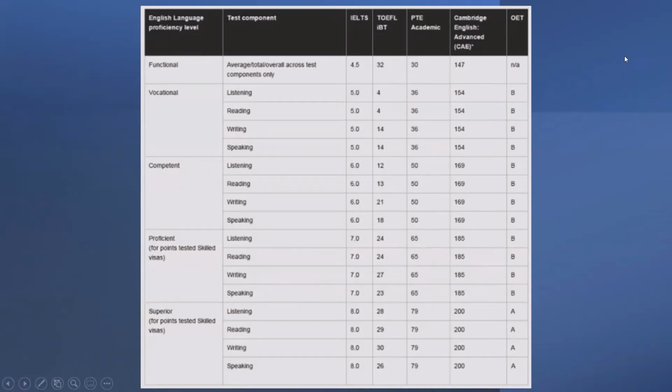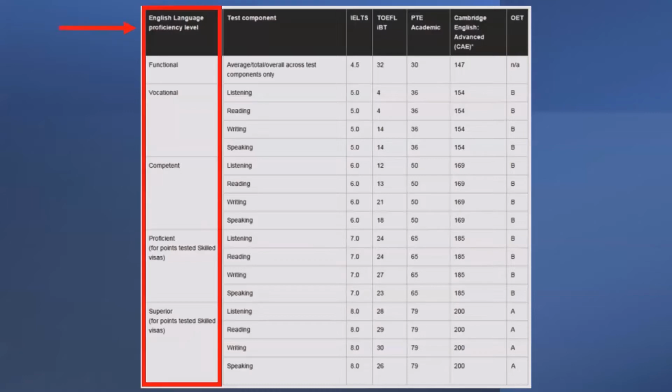Let's take a look. On my screen, you'll find a table that provides a comparison of the different types of English tests, the levels, the test components, and the different types of tests that are available. In the first column, we look at the English language proficiency level.